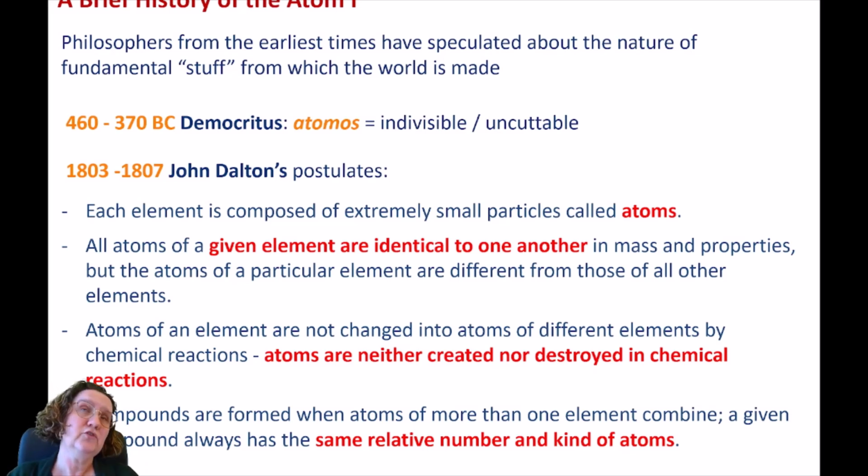And this does not hold for nuclear chemistry. We can now split the atom, but for your everyday chemistry, the chemistry we do in the lab, and the chemistry you're going to be working with most of the time, these basic concepts still apply.